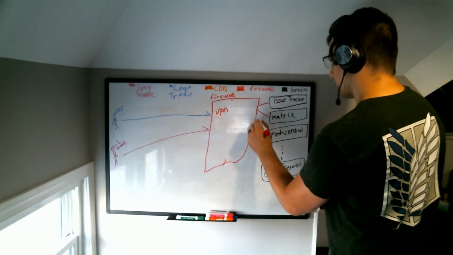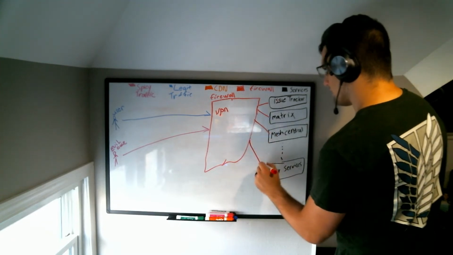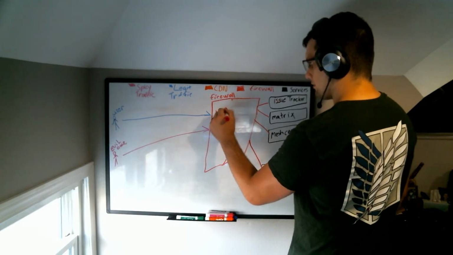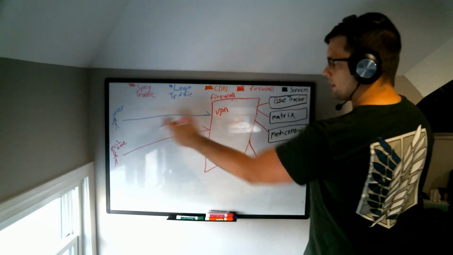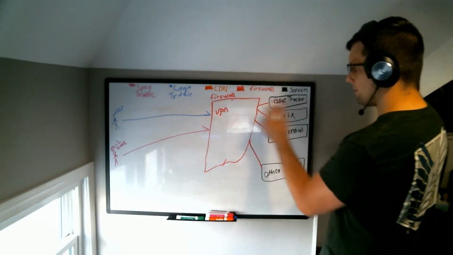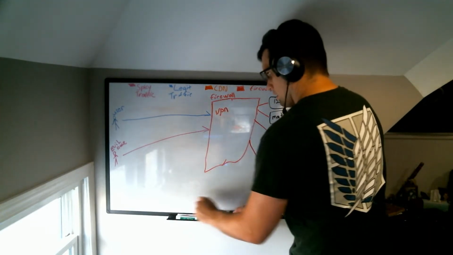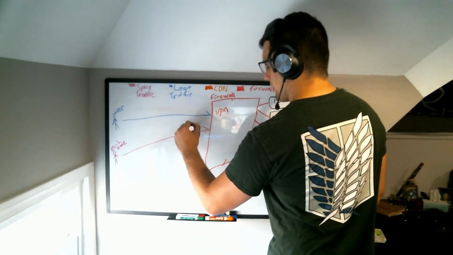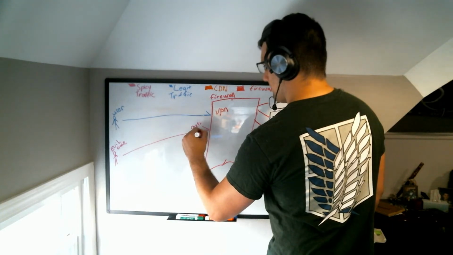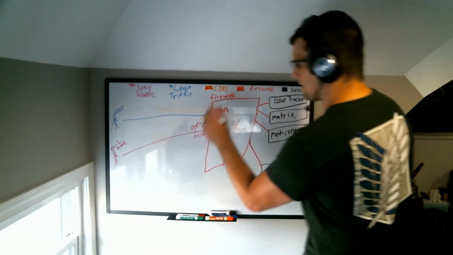So the VPN says go on through, user, so then the user's traffic comes out through the VPN this way. The evil traffic gets rejected. So the VPN rejects him because he cannot authenticate.